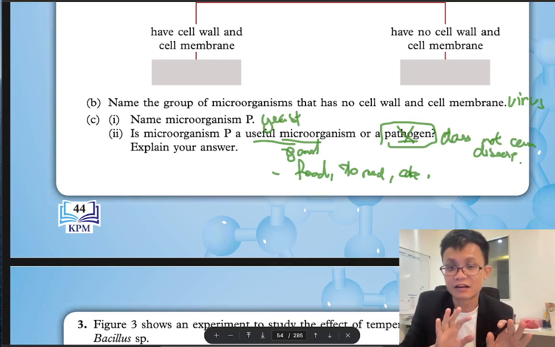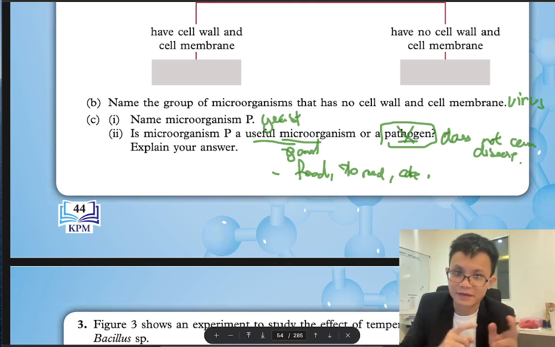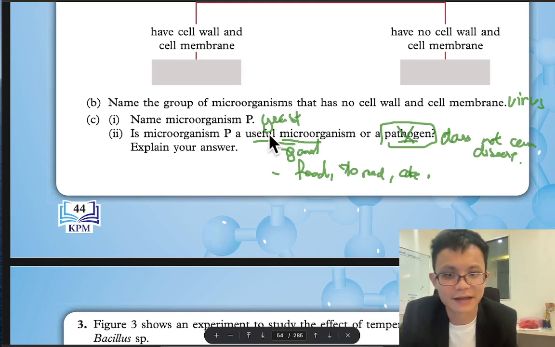Yeast can be bad and it can be good, but the textbook just says that, so I just follow the textbook. The textbook says that yeast is good because it can be used to make food like cake and bread, and yeast is not a pathogen because it does not cause disease.